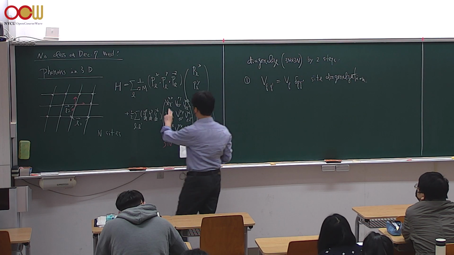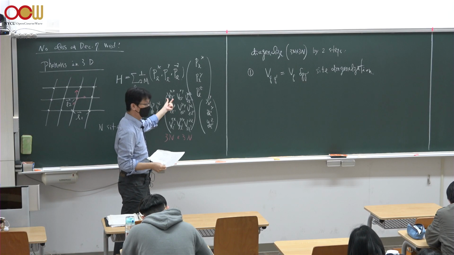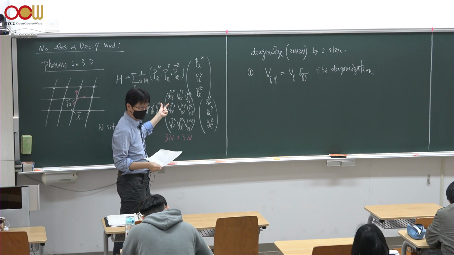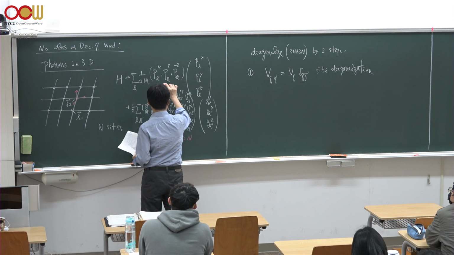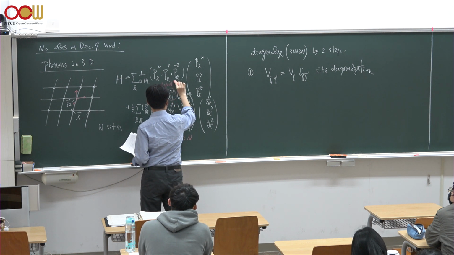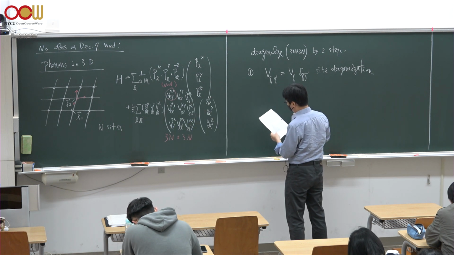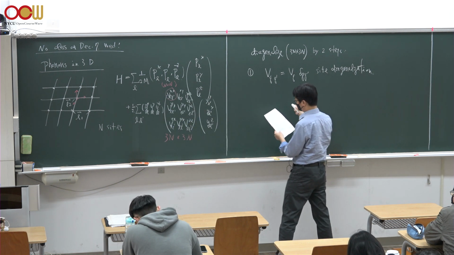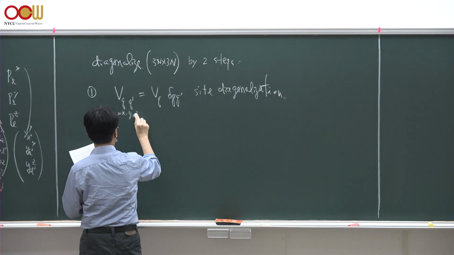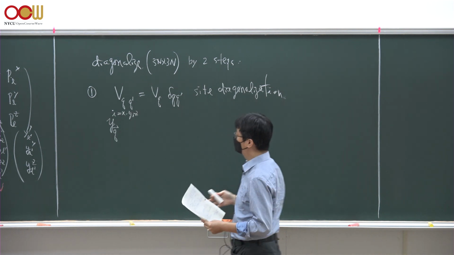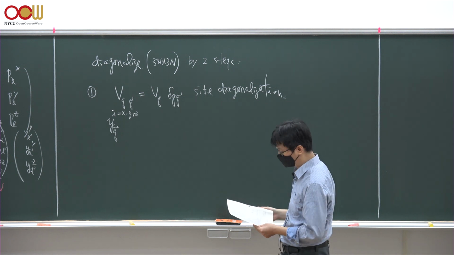So each matrix element here is part of the 3 by 3 matrix, but each matrix element here represents the N by N, right? Remember that. So each is actually N by N. So first we want to diagonalize this N by N matrix on each site by introducing the normal mode coordinate, and we still keep the xyz, and the next step we would like to diagonalize the xyz, the spatial coordinate.